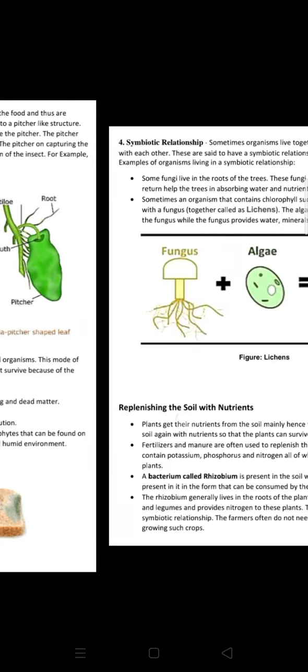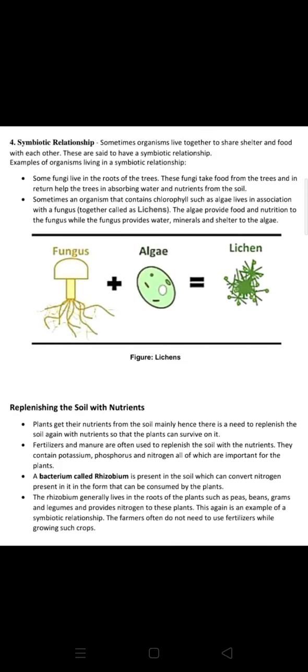Now we will move to symbiotic relationship. A symbiotic relationship is an association of two or more plants. In this relationship, both plants benefit each other by sharing nutrients and food.